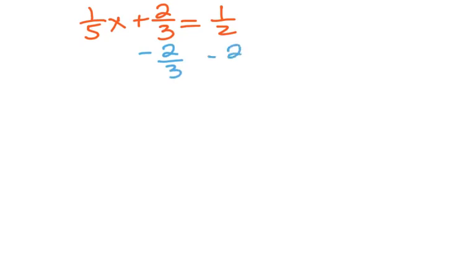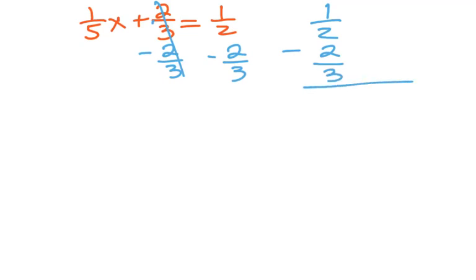Let's do one more real quick. Let's go 1/5 x plus 2/3 equals 1/2. All right, so I'm going to say minus 2/3 minus 2/3. This goes away. Now, 1/2 minus 2/3.